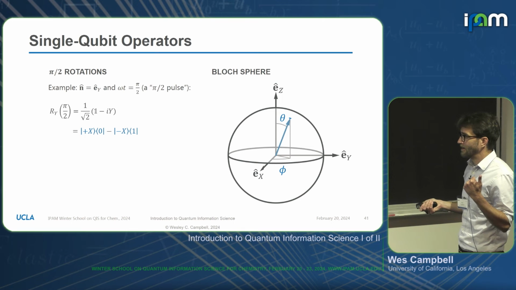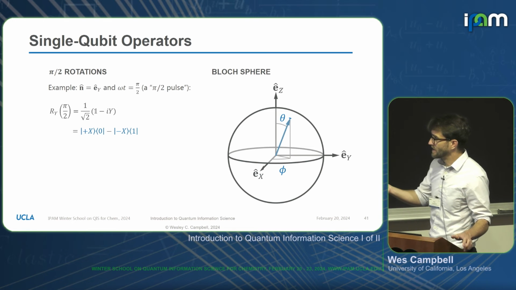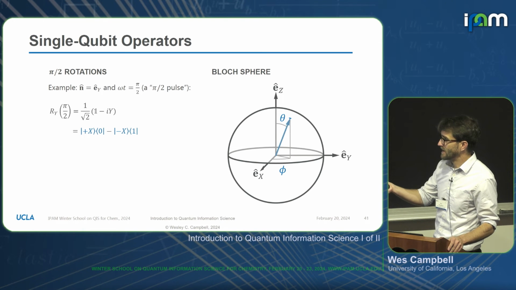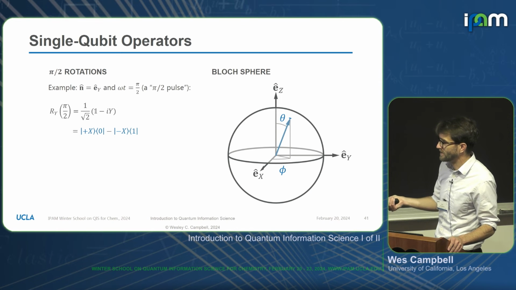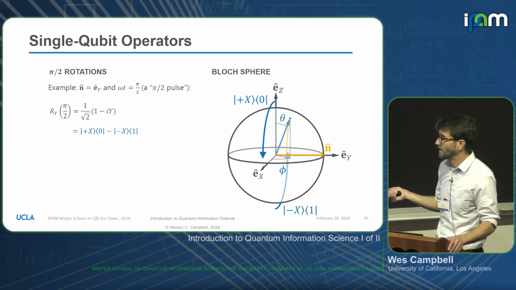Another possibility is that we do the rotation about the y-axis. In this case, 0 gets taken to the plus x eigenstate, and 1 gets taken to minus 1 times the minus x eigenstate. So here the north pole comes down here, the south pole goes up there, and that's a rotation about that direction.